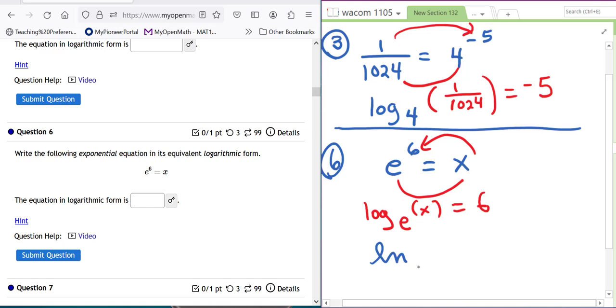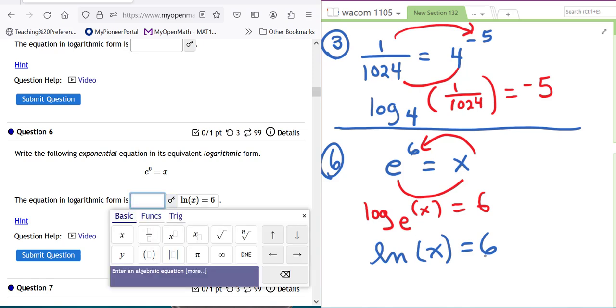So this will be ln of X. That's all you're going to see because it's automatically base E. That's probably what they're going to put for the answer. I don't think they would count you wrong if you put this.